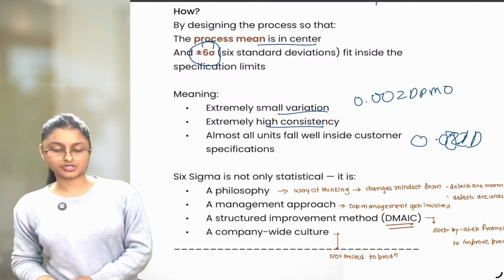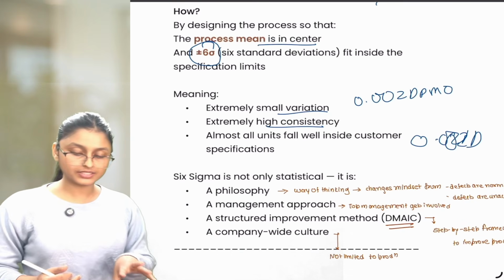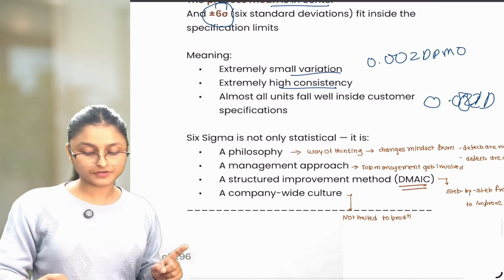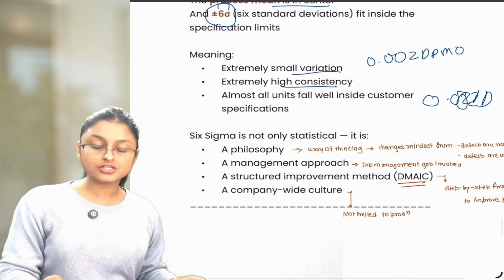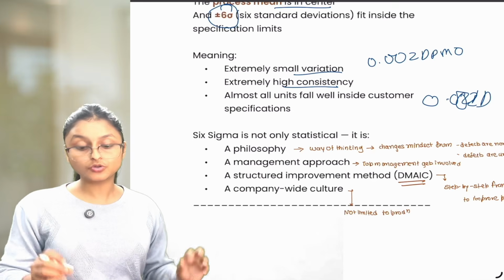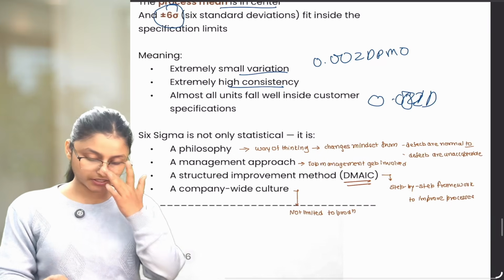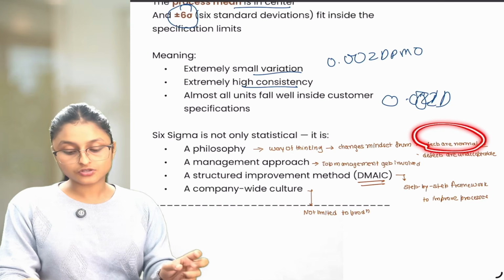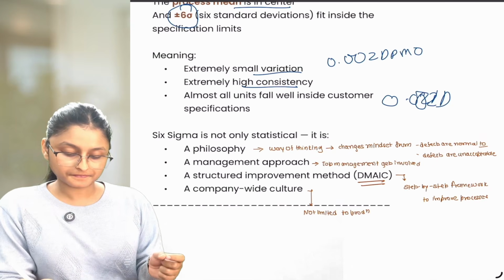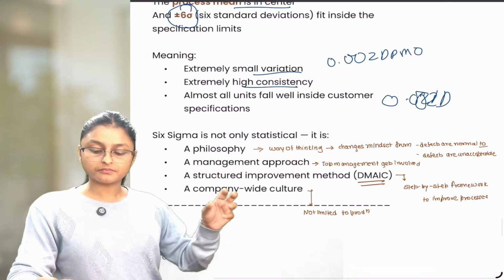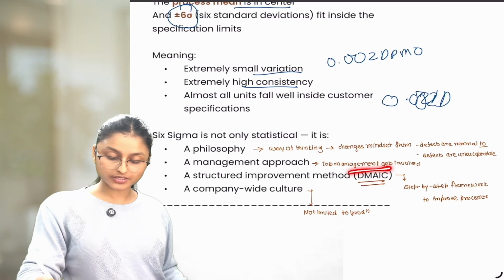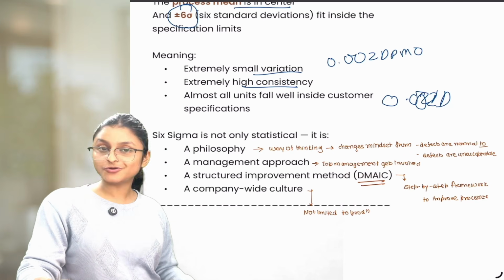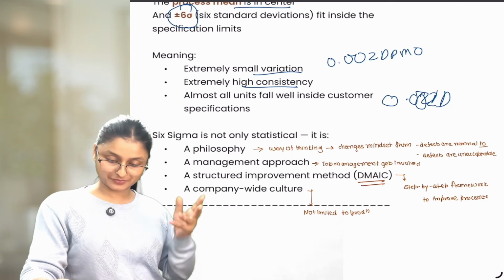inside the specification limit. Six Sigma is not only statistical, it is a philosophy, a way of thinking. Change in mindset is very important if you want to achieve Six Sigma level of quality. You need to change your mindset from defects are normal to defects are unacceptable. It is a management approach, because top management also gets involved in this, because without top management you will not be able to achieve this much quality.